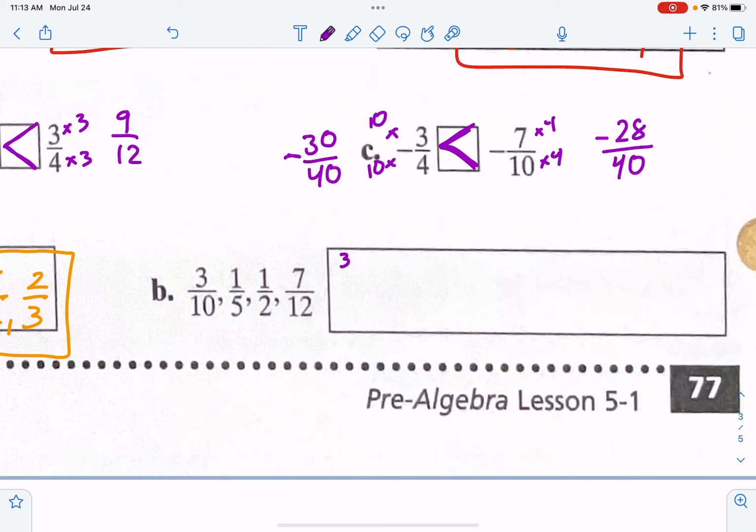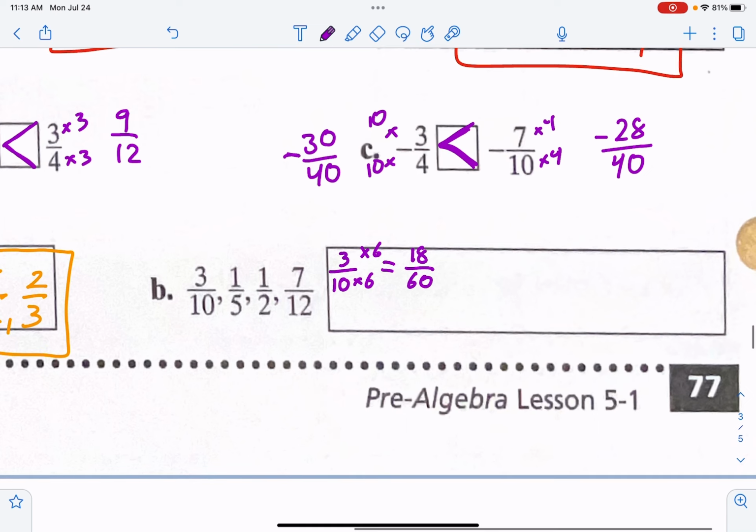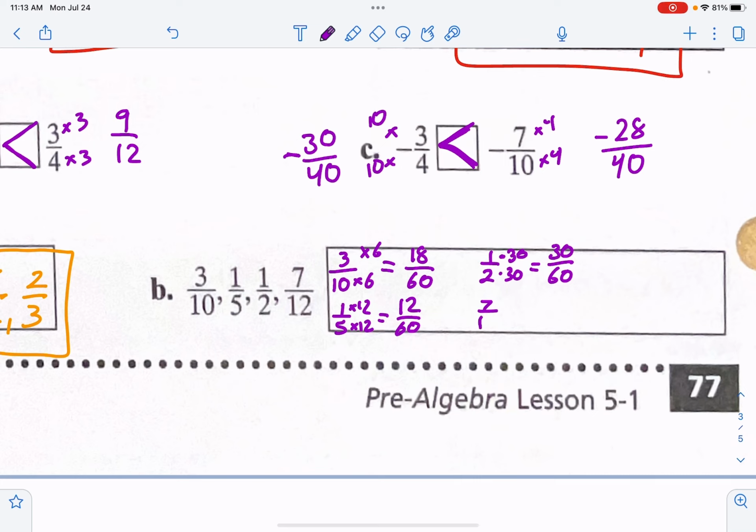So turning 3 over 10 into 60, I'm going to times the top and bottom by 6, and I'm going to get 18 over 60. 1 over 5 times 12 is going to give me 12 over 60. 1/2 times 30 is going to give me 30 over 60. And 7 over 12 times 5 is going to give me 35 over 60.